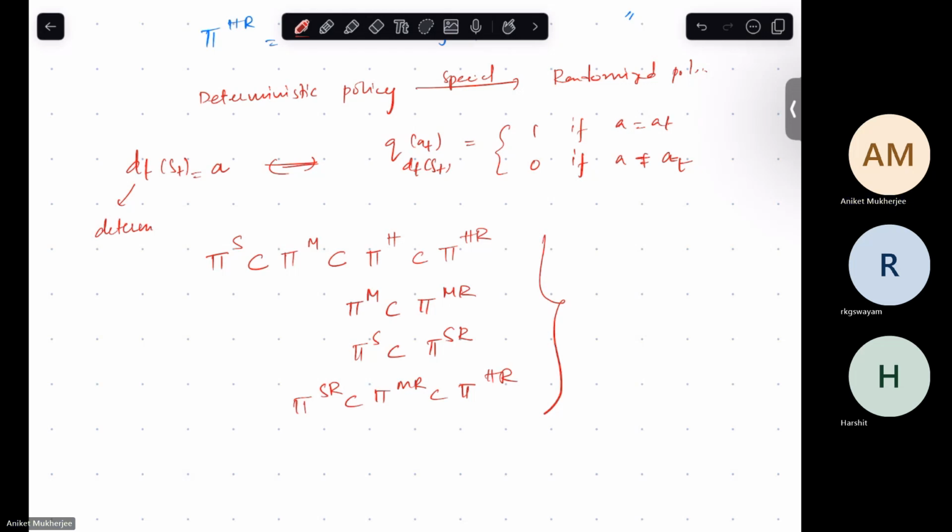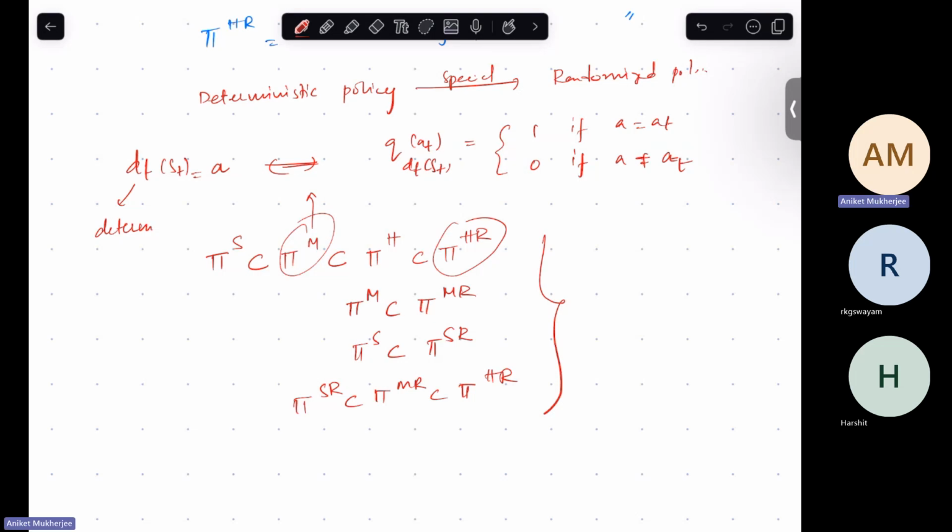But why do we need all these dependencies? We want to come up with policies that are easy to handle. Markovian policies are easy to handle. So you want to see under what conditions finding the optimal policy in Markov policies would also be optimal for your whole bigger policy space of pi HR.